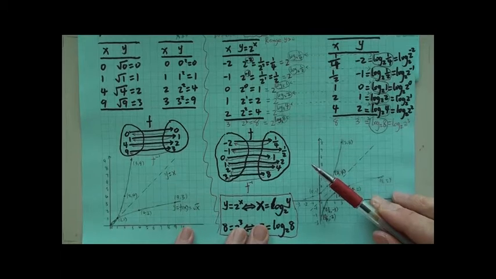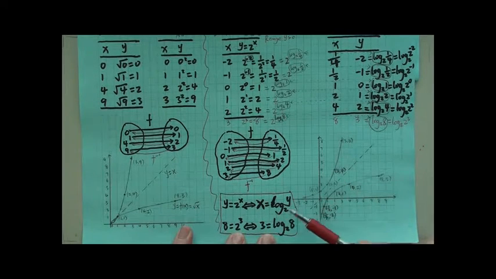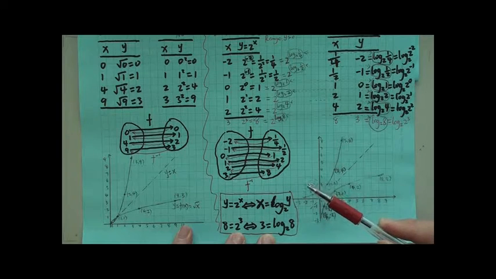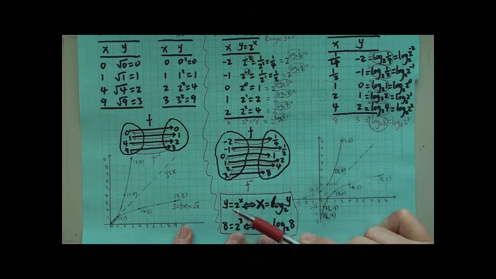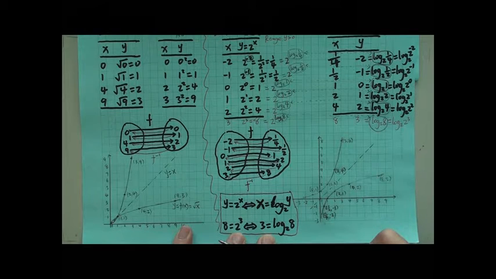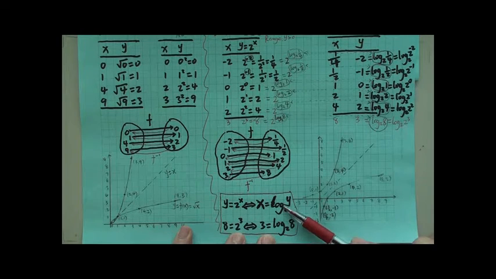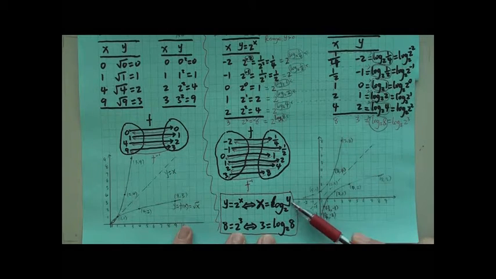Okay, so in this way we use y to express x. If you have y equals 2 to the x, how to express x? We use log. That's the logarithm function, the sign of the logarithm function. We do log base 2 of y and put x in front of it.